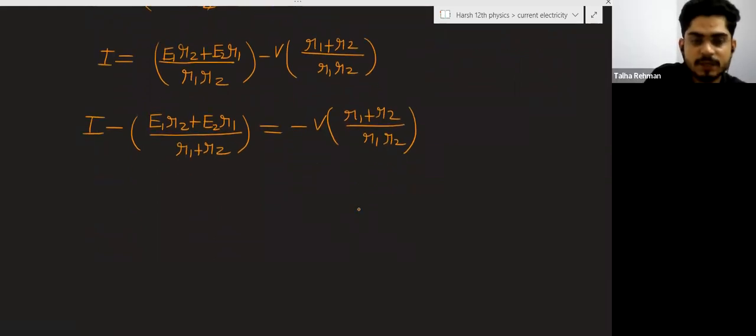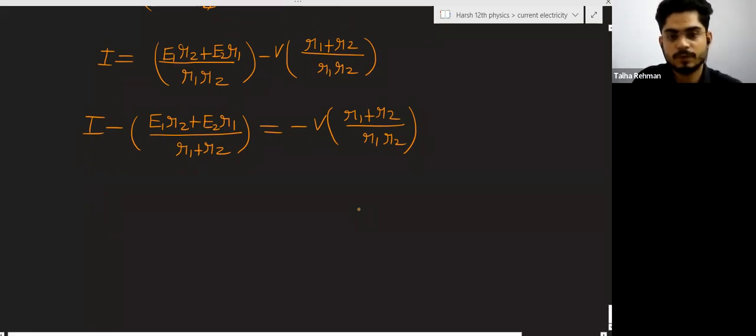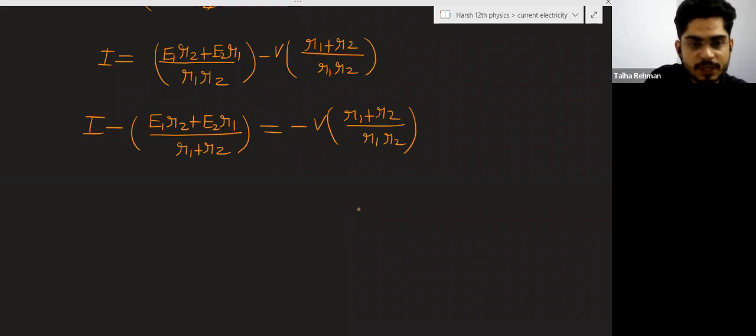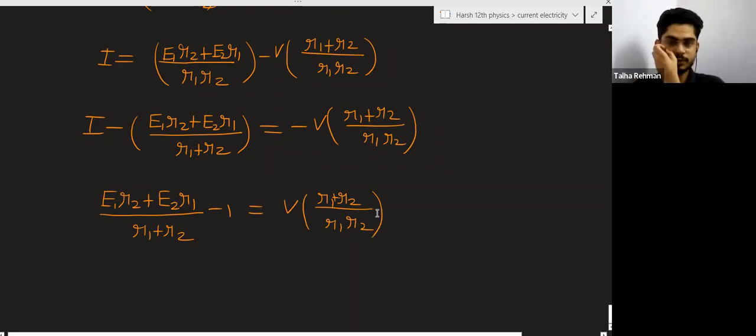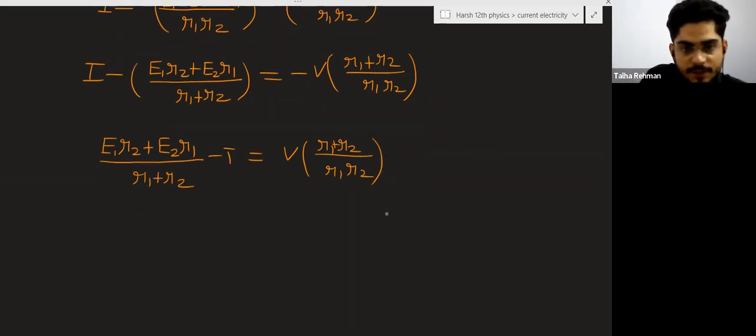Now take minus common from all the sides. Then this E1 R2 plus E2 R1 divided by R1 plus R2 minus I will become positive V into R1 plus R2 divided by R1 into R2. Now this is I.